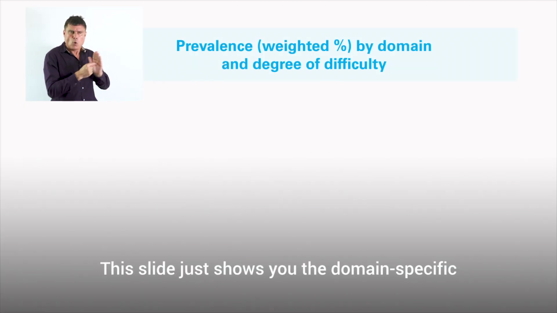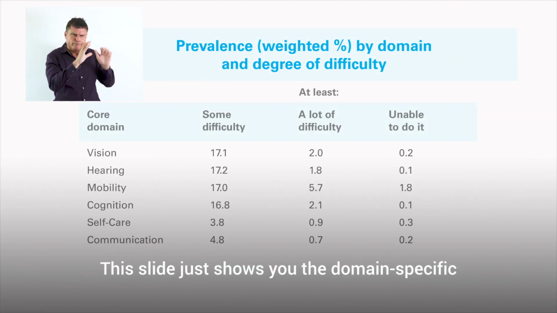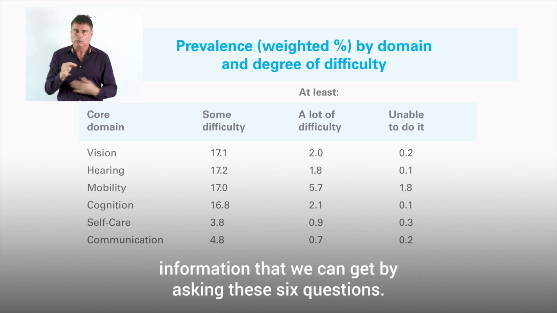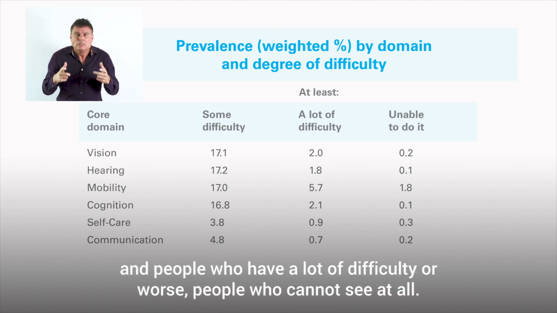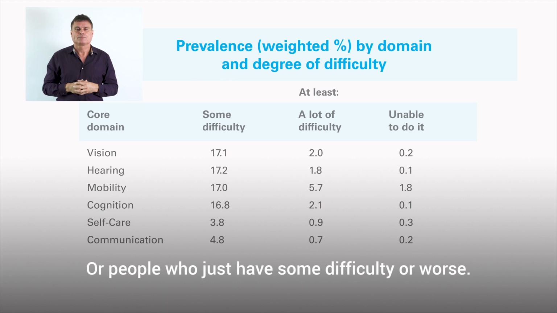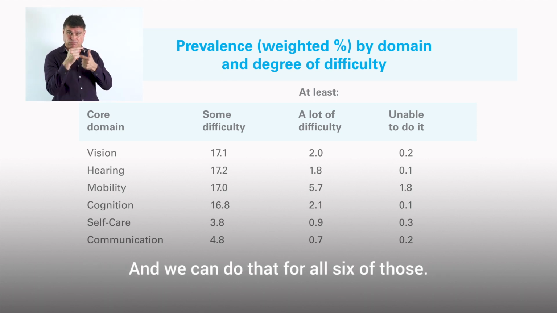This slide just shows you the domain-specific information that we can get by asking these 6 questions. So we can learn about vision difficulties and people who have a lot of difficulty or worse, people who cannot see at all, or people who just have some difficulty or worse. And we can do that for all 6 of those.